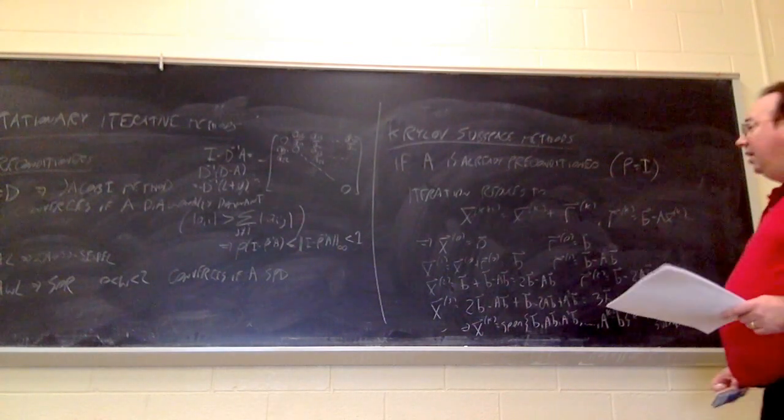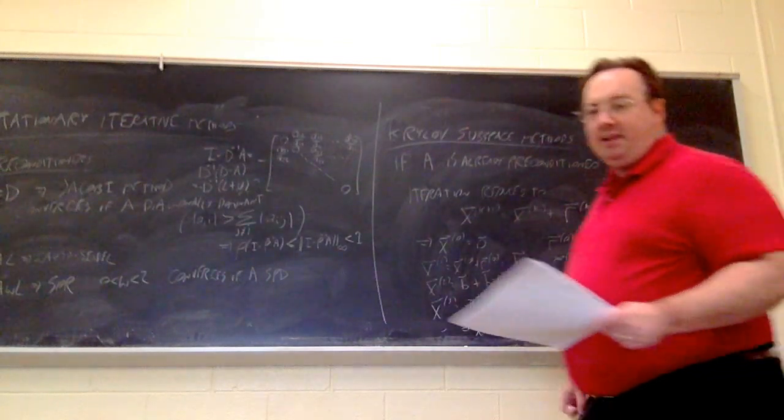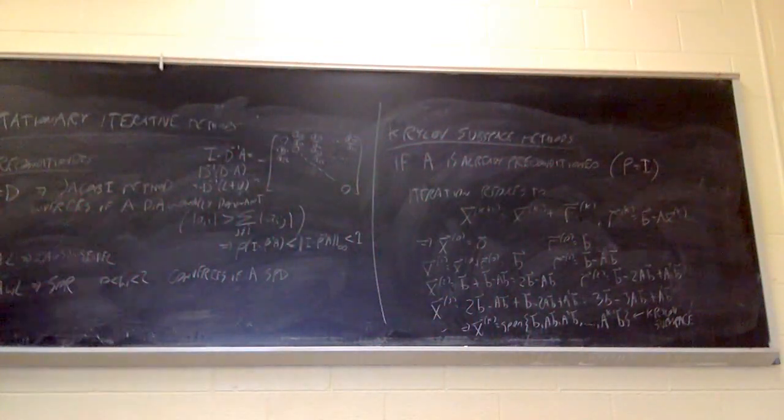So more generally, whether A is already preconditioned or not, there's a whole family of methods that try to solve Ax equals b using a Krylov subspace. So we try to find some vector within that Krylov subspace, so that you can think of it as generating a polynomial of A times b.